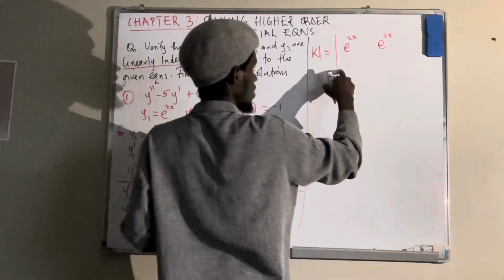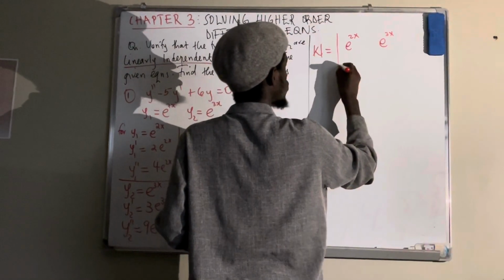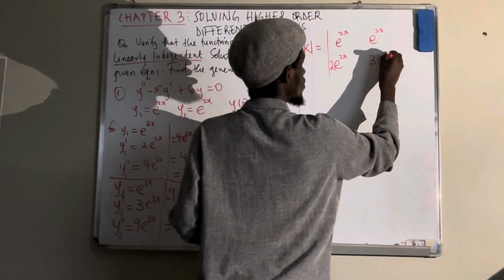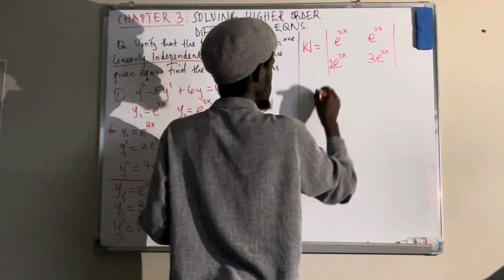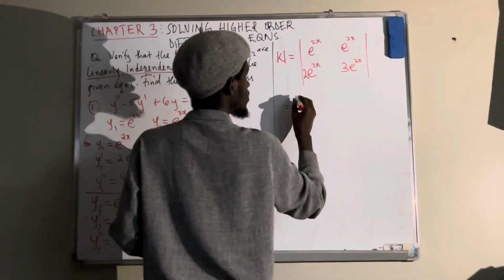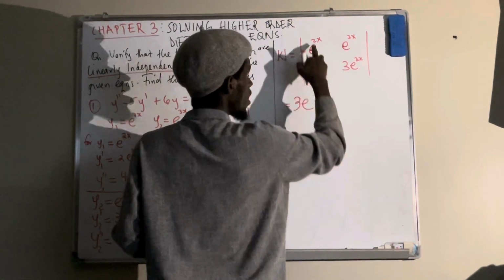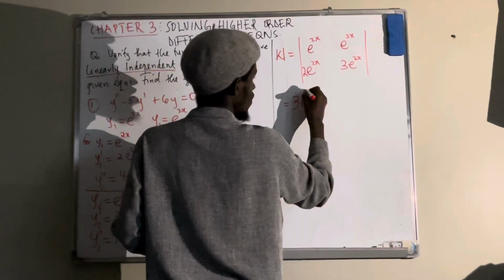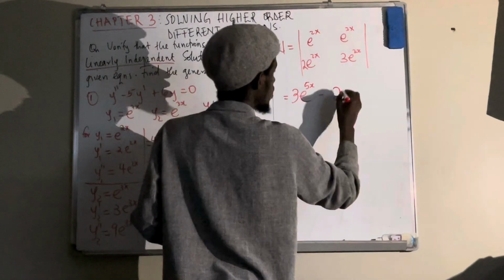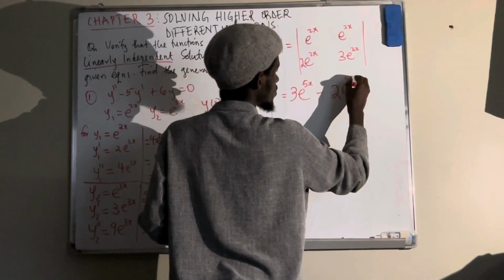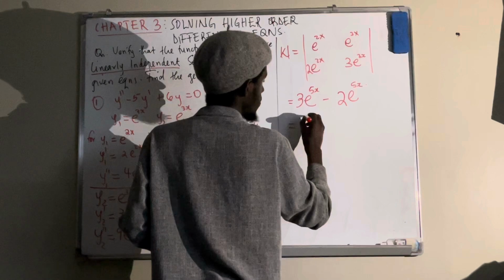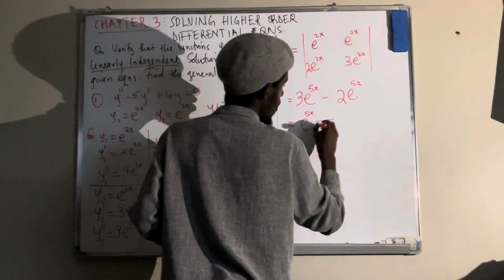Then if I differentiate once, I have 2 e power 2x and 3 e power 3x. Then the determinant is just this one times that one minus that one times this one. I have 3 times e power, I add the powers, 5x, minus 2 times e power 5x, which is the same as having e power 5x, and this e power 5x is not 0.